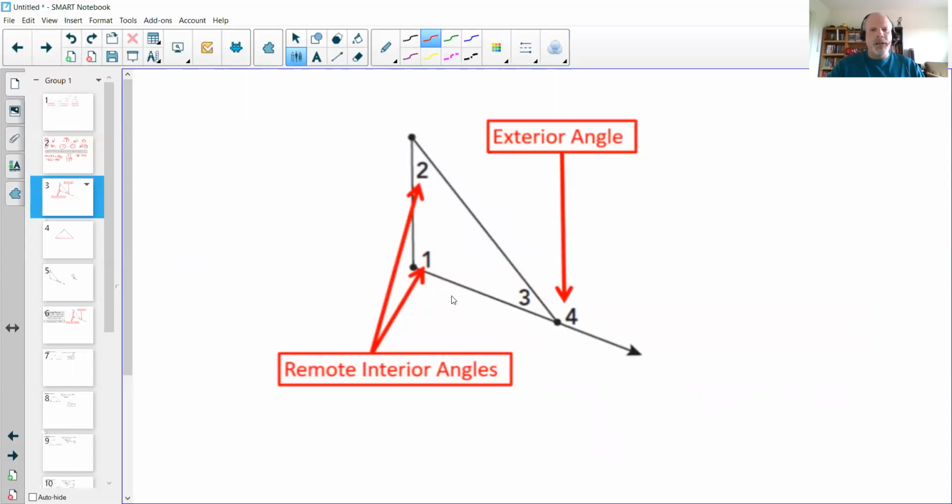And it's made by taking one of the sides of the triangle and extending the line. Then I have what are called remote interior angles. The remote interior angles are the two angles inside the triangle that are not touching or not adjacent to this angle, the exterior angle.